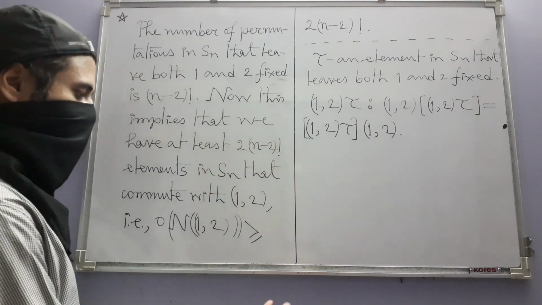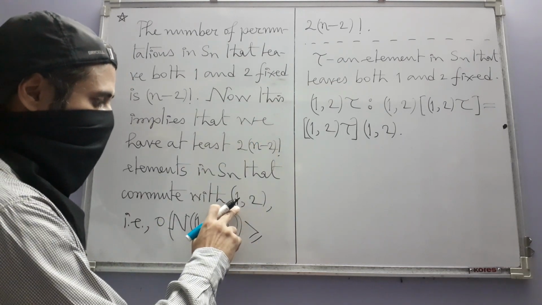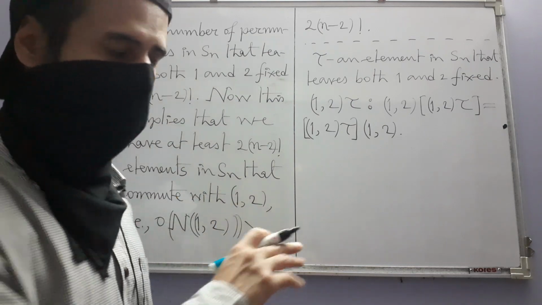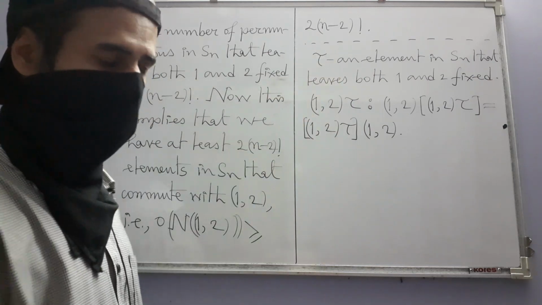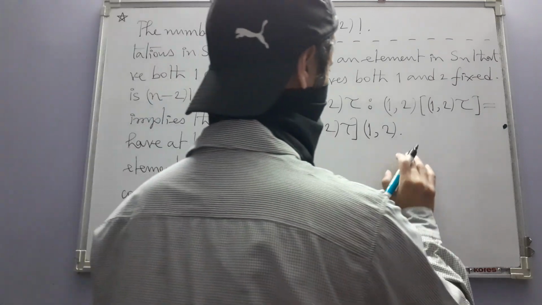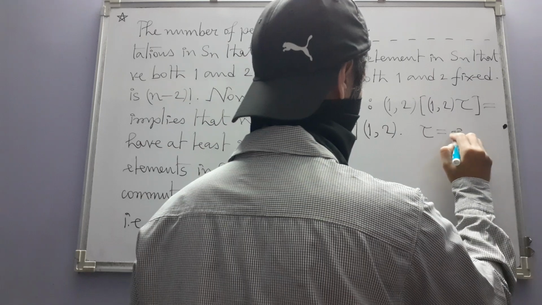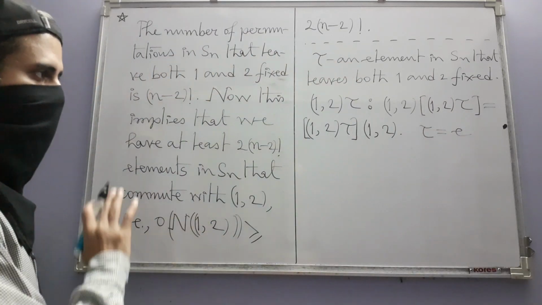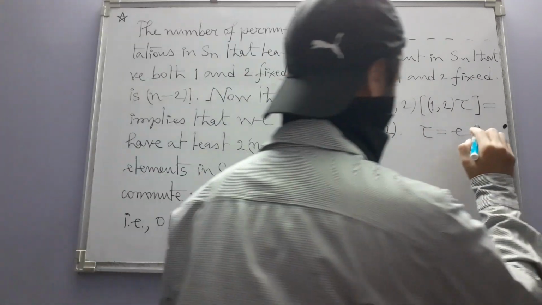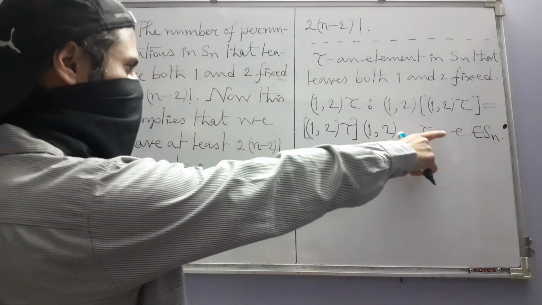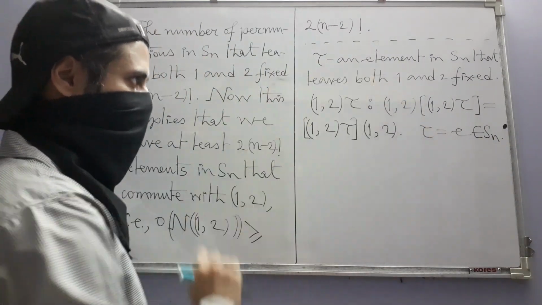Now you may be wondering, where does 1 comma 2 itself come in this list of permutations? That comes because you can take tau equal to E, the identity permutation in Sn. Why? Because the identity permutation also leaves 1 and 2 fixed.